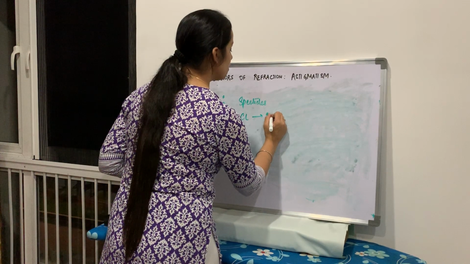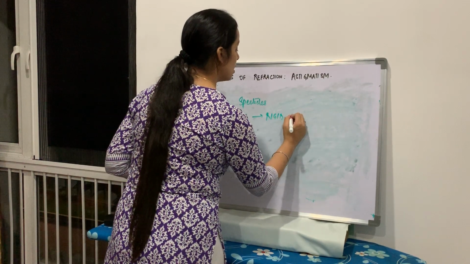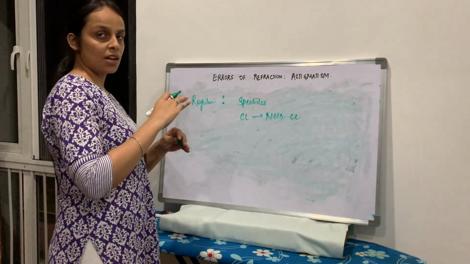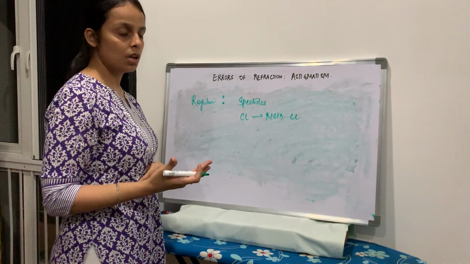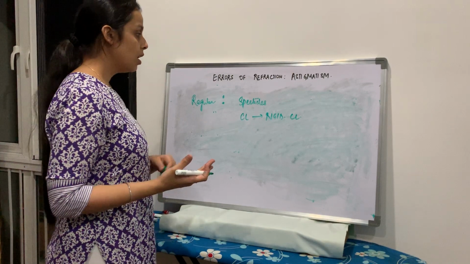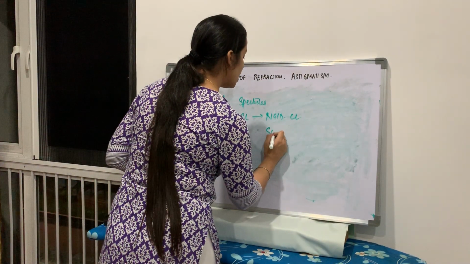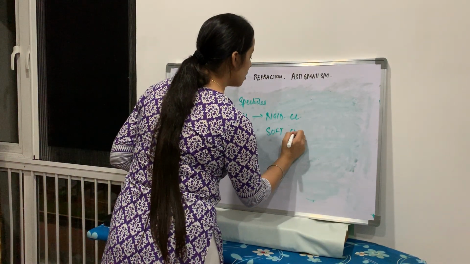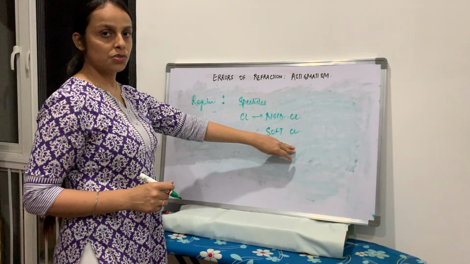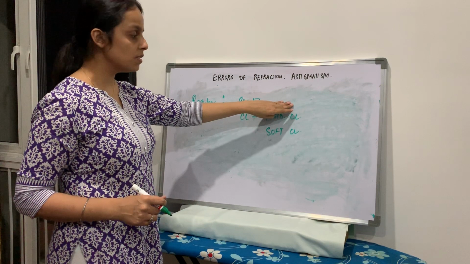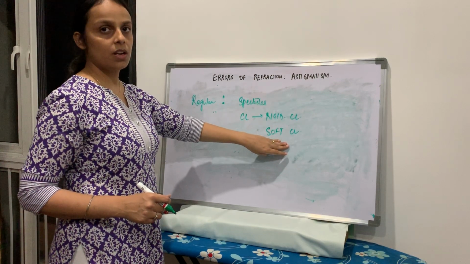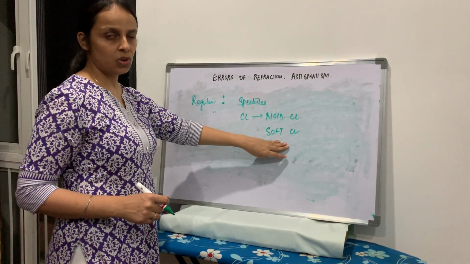Preferably you should give rigid contact lenses, because rigid contact lenses stick to the surface of the cornea and provide a different surface to the cornea. Soft contact lenses are not able to correct high refractive errors or high astigmatism. Only a very small refractive error can be corrected with a soft contact lens.